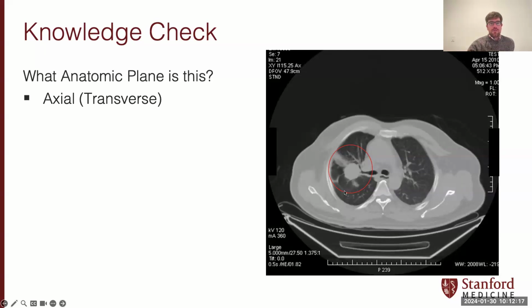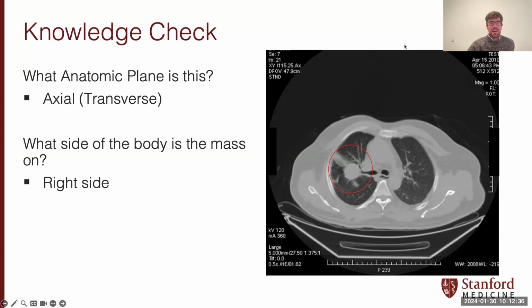Then this is just a lung mass right here. So what side of the body is the lung mass on? Nice, can't fool y'all. So yeah, this is the right side. So remember that radiologists made it so that left is right, right is left. So this is the right side of the body.